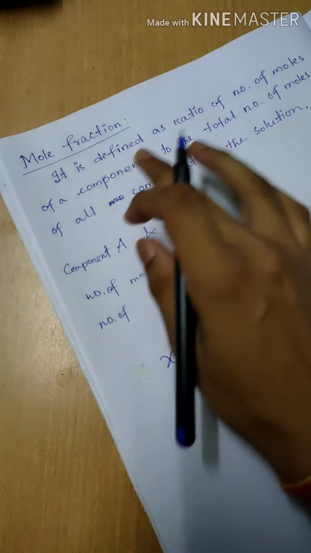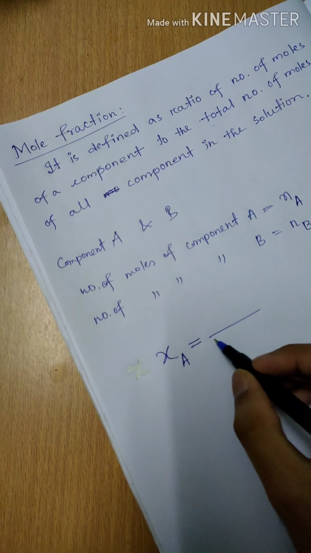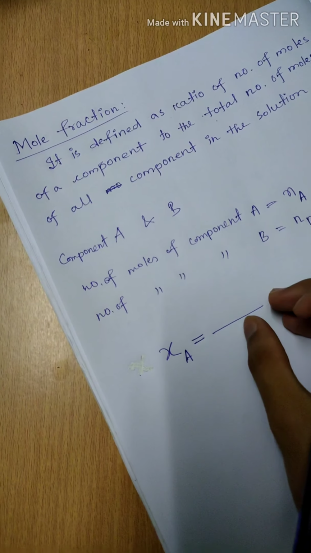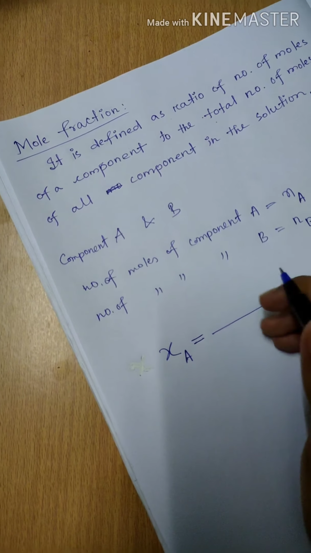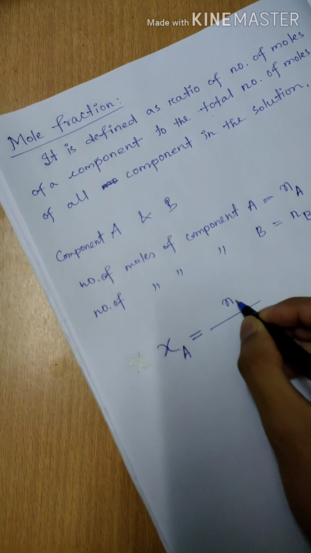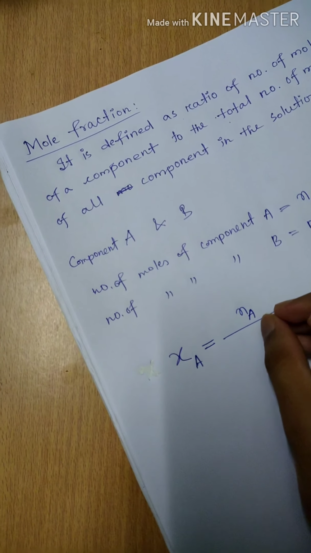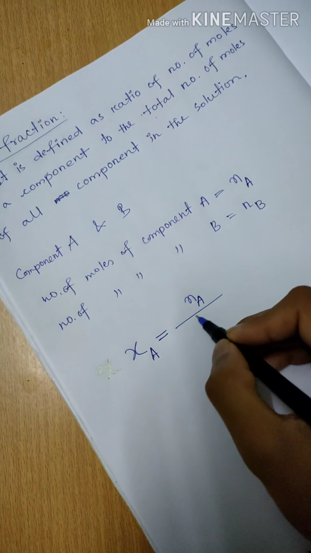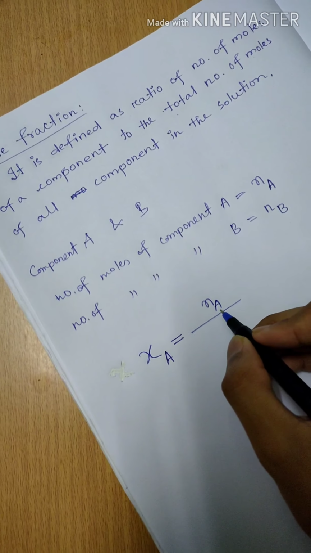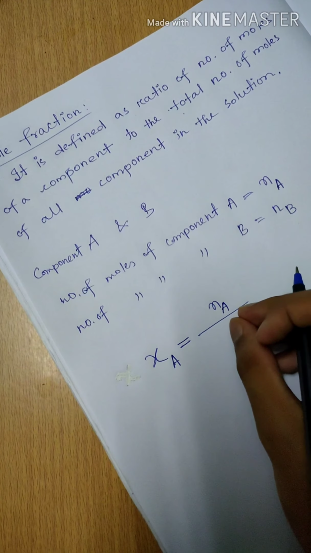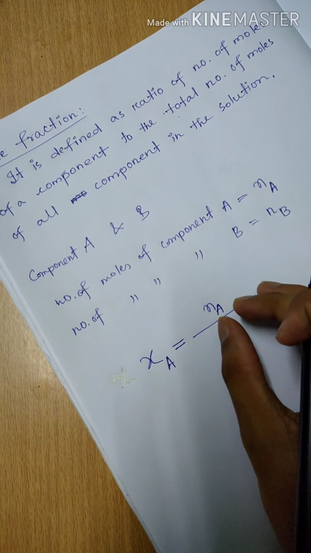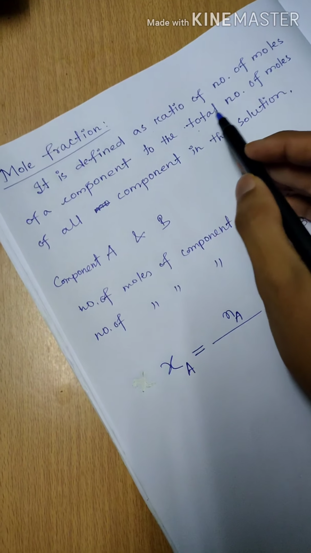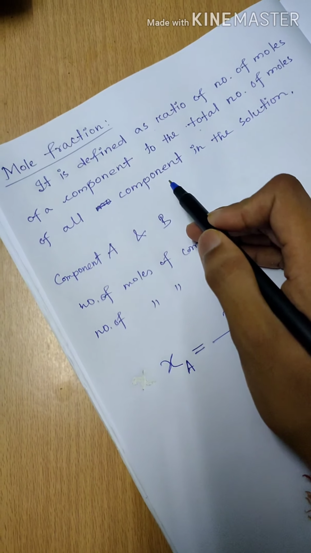According to the definition, it is the ratio of the number of moles of a component. Of a component means we are finding the mole fraction of component A, so we shall write in the numerator Na, the number of moles of component A. Now see, to the total number of moles of all components.